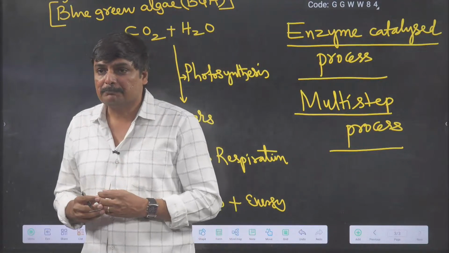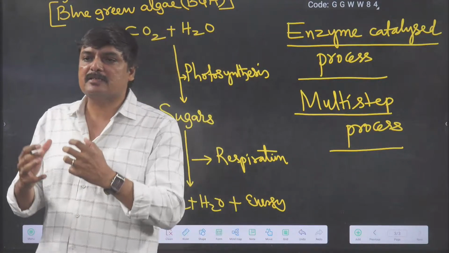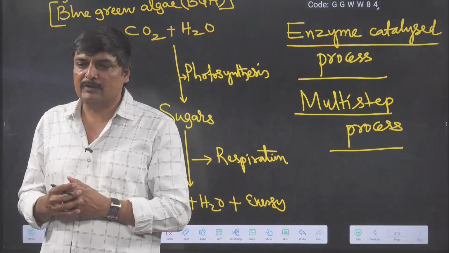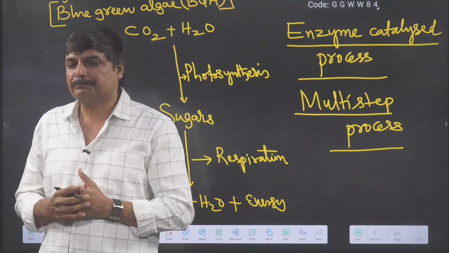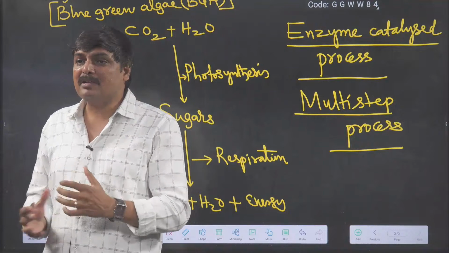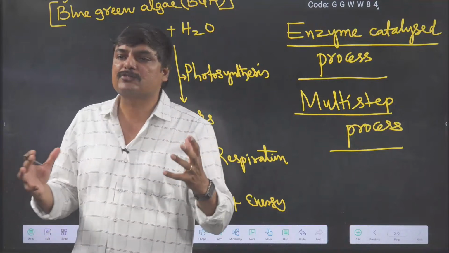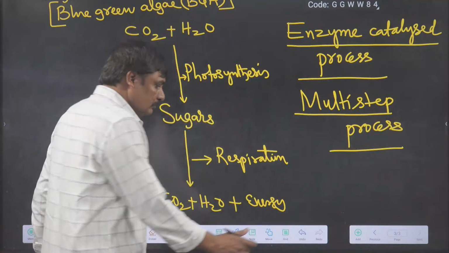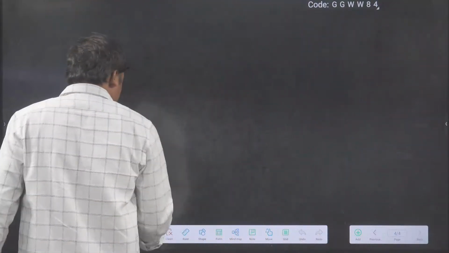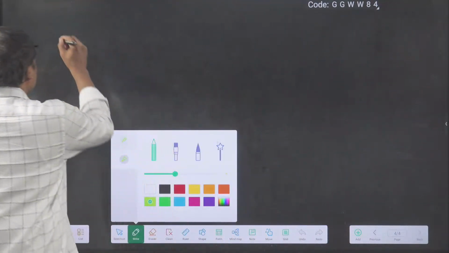And you know very well, plants synthesize food material. Therefore, they are called producers. Animals are heterotrophs.